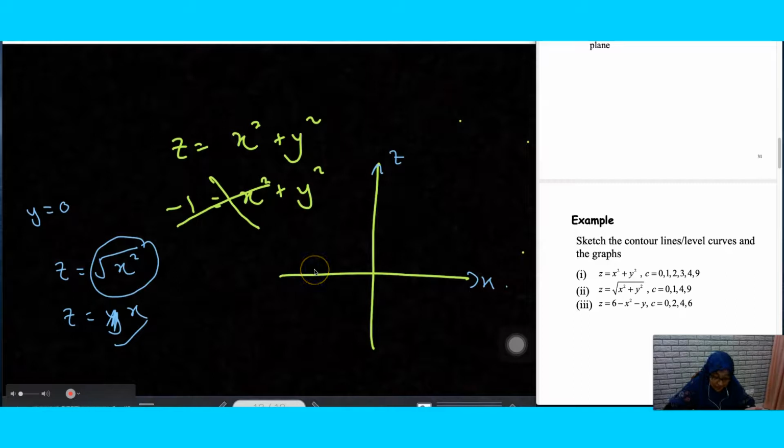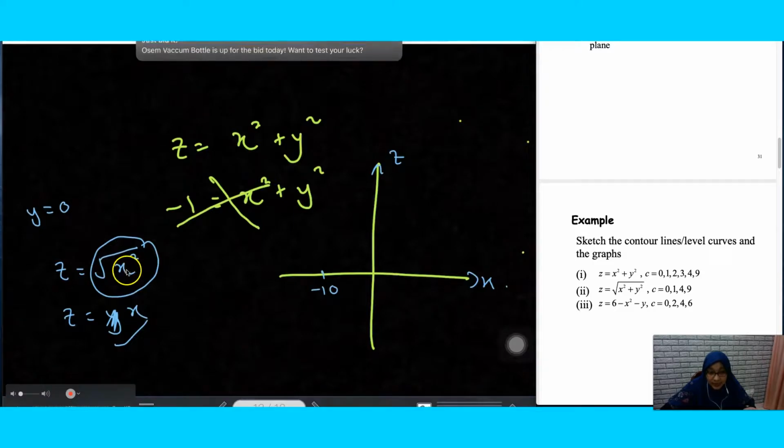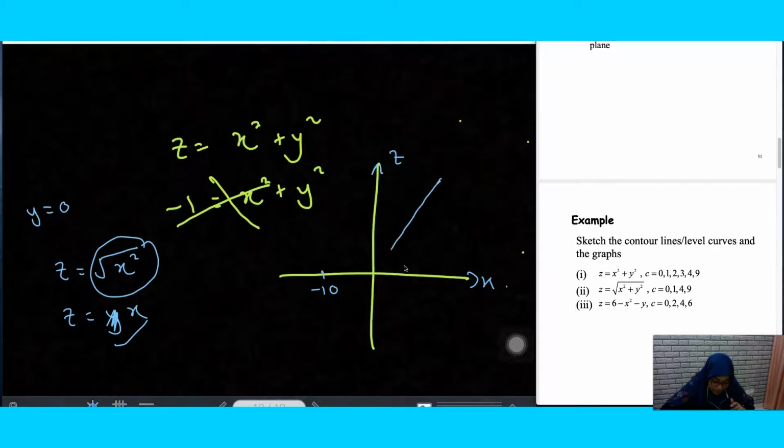So let's say I'm choosing -10. -10 squared will give you a positive number, and then you can obtain the square root, still a real number. So it looks like we have a straight line, yes, but you cannot extend till here because z is always positive, so we just ignore this.